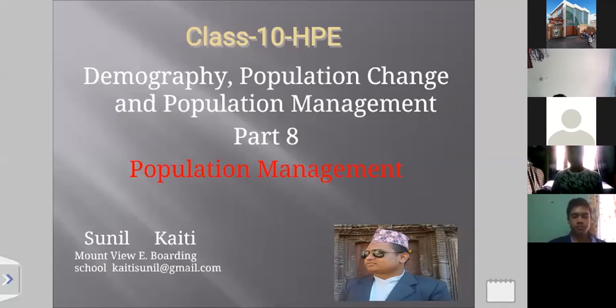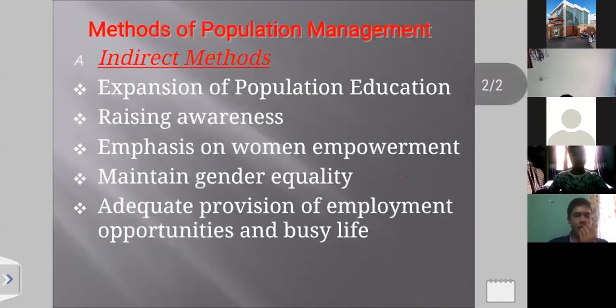In our previous class we only discussed the direct methods, and now today in this class we are going to discuss some of the indirect methods of population management.